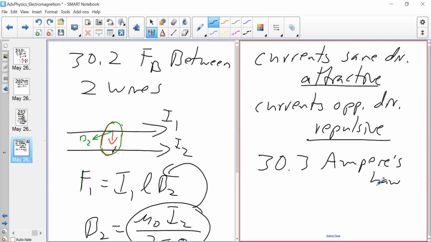So basically for Ampere's law, if I have a wire and some sort of apparatus around it, then I'm going to get a magnetic field that circles it, like in this direction.